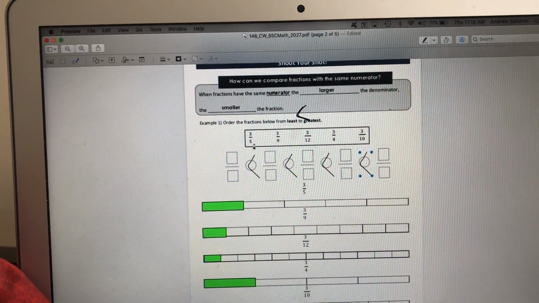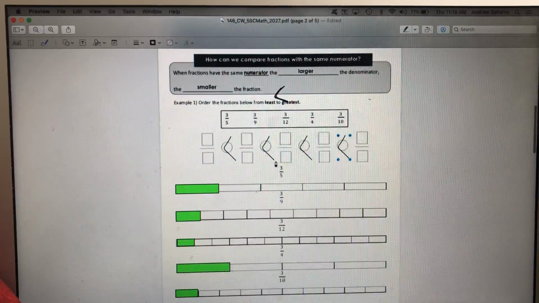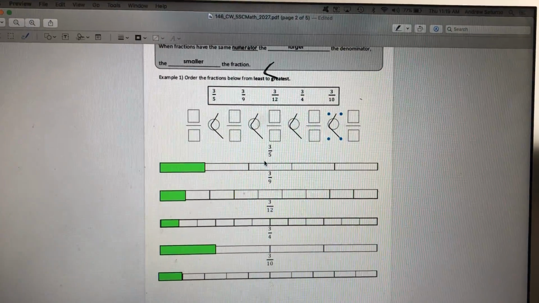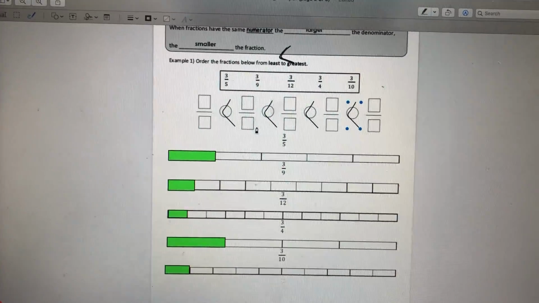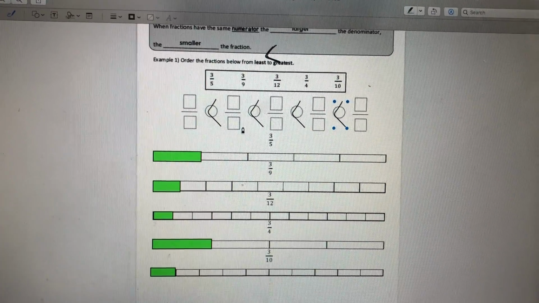So I will put my smallest fraction first. Now I'm going to go down to my bar models and see which fraction is the smallest. I have 3/5, 3/9, 3/12, 3/4, and 3/10.